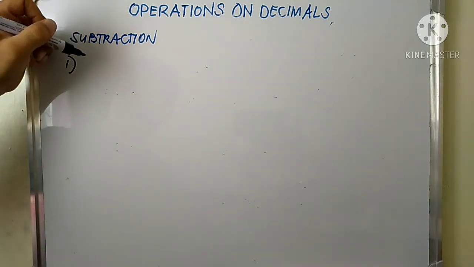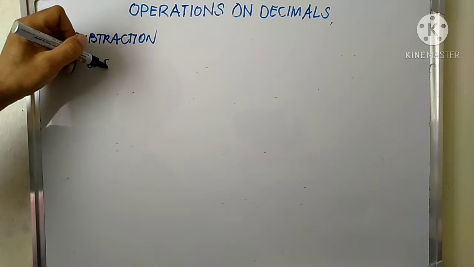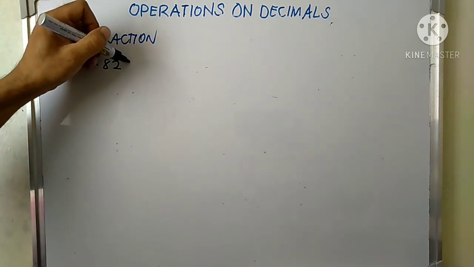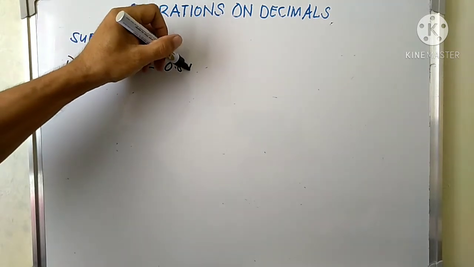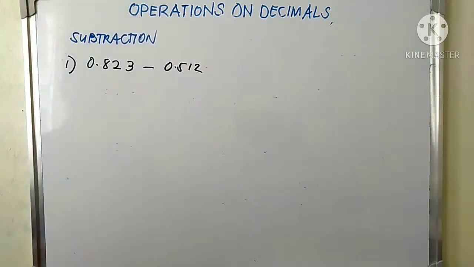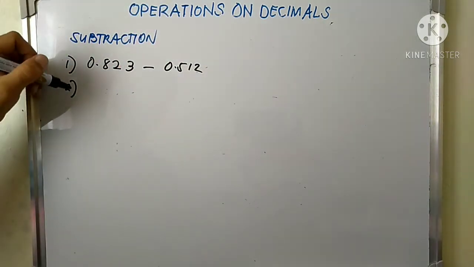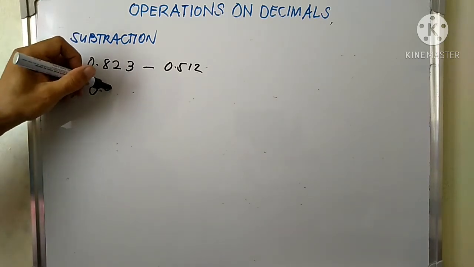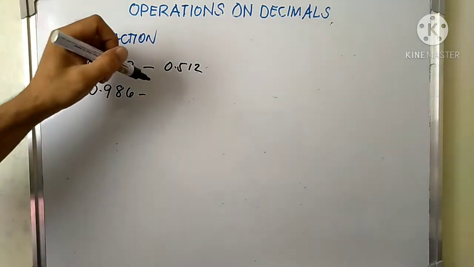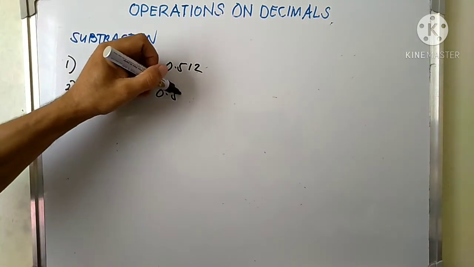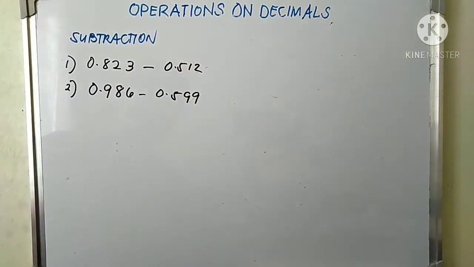Example, we have 0.823 minus 0.512. Number 2, we have 0.986 minus 0.599.